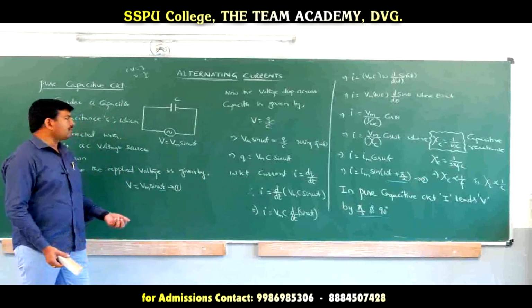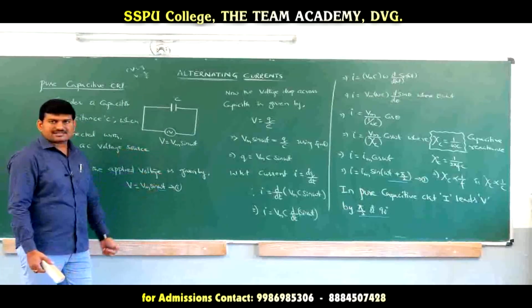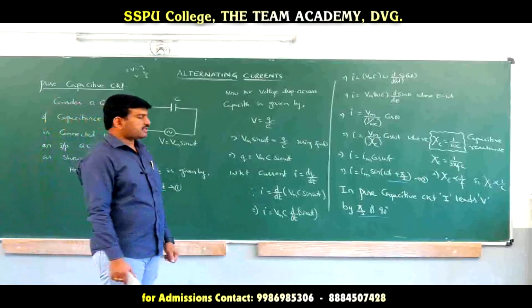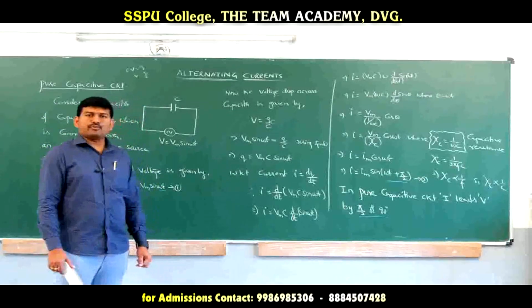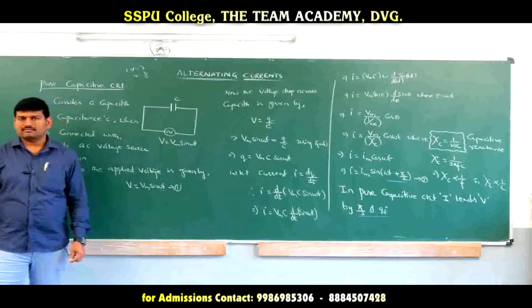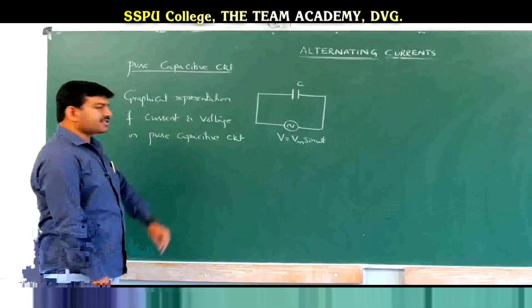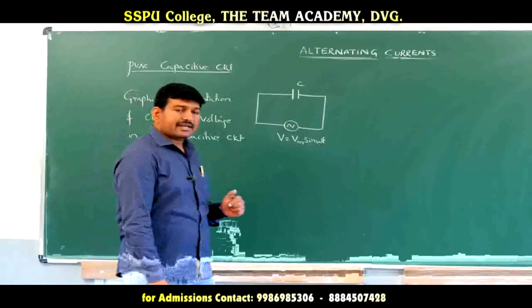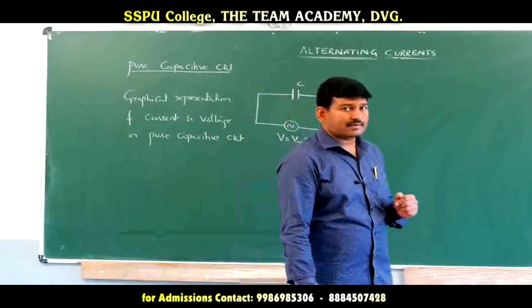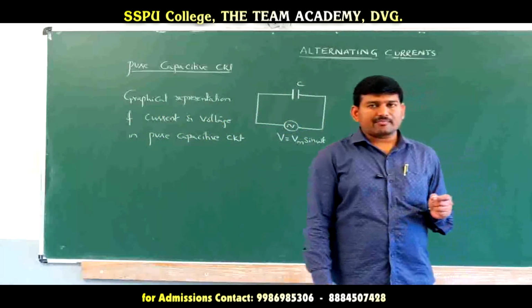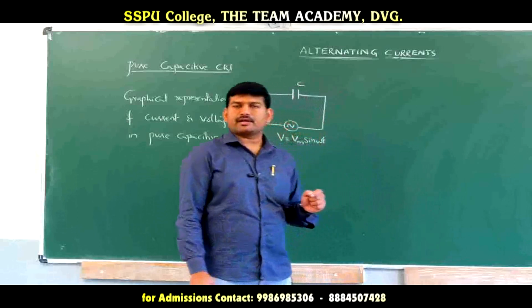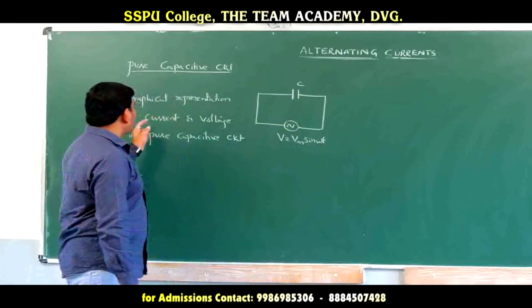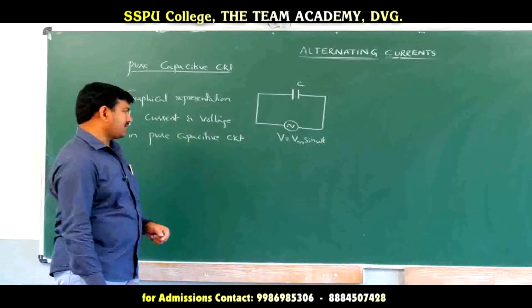Next is about how much power is dissipated in this circuit, and the graphical representation and phasor representation for the pure capacitive circuit. So first, the graphical representation of current and voltage in pure capacitive circuit. We have seen the graphical representation for current and voltage in pure resistive circuit and in pure inductive circuit. Now we are going to see it for the pure capacitive circuit.